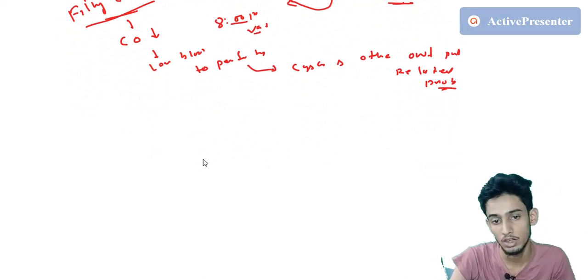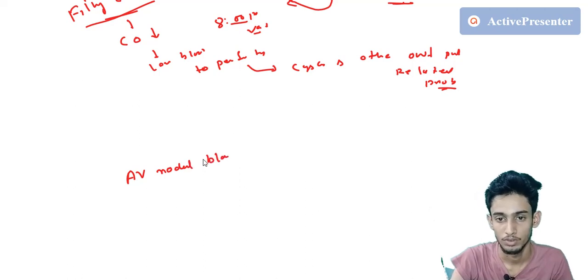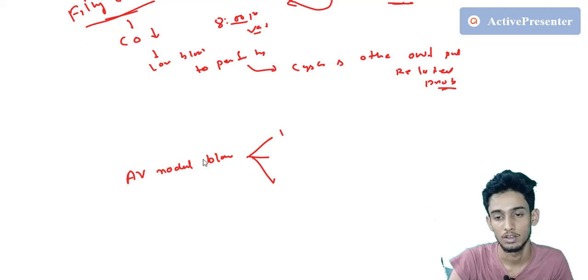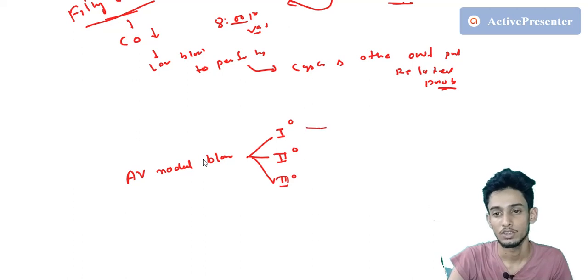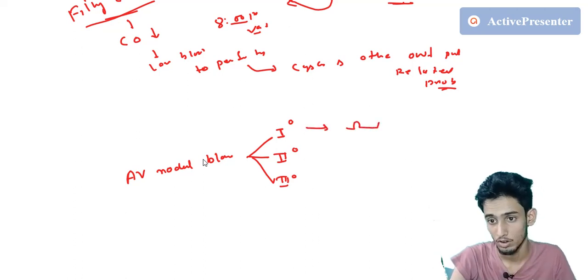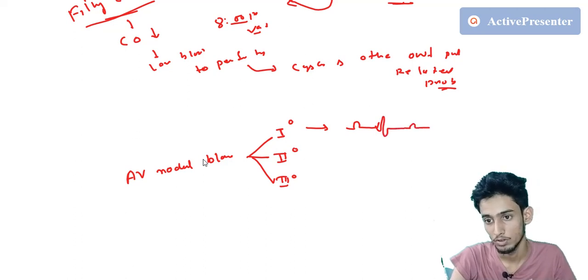So what is the pathology related to the AV node? AV nodal block. It can be of three types: first degree, second degree and third degree. In first degree, there is a gradual prolongation of the PR interval.